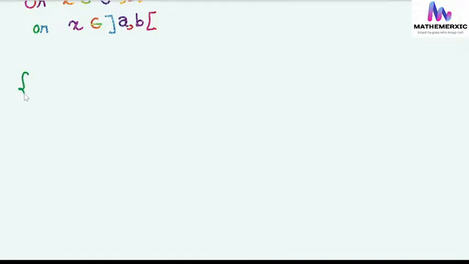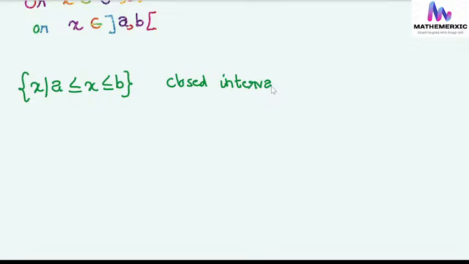Now x satisfies a is less than or equal to x, and x is less than or equal to b, in square brackets, so it is a closed interval. This is called a closed interval.